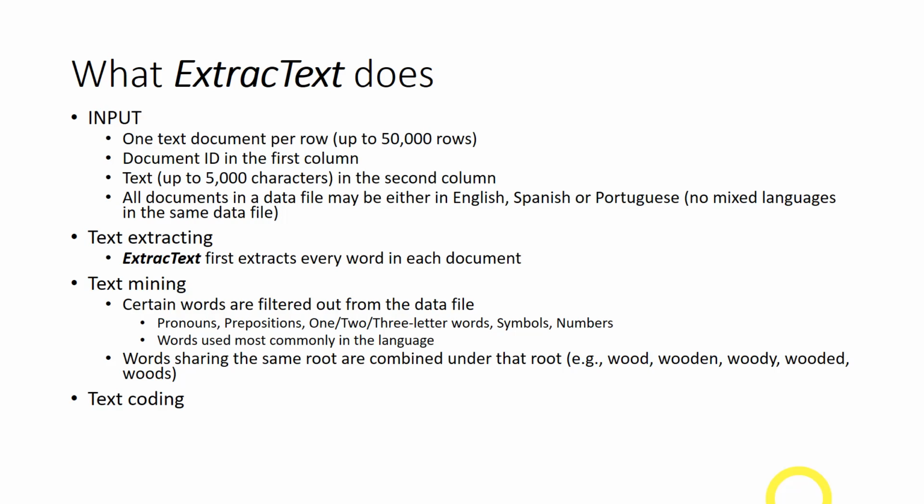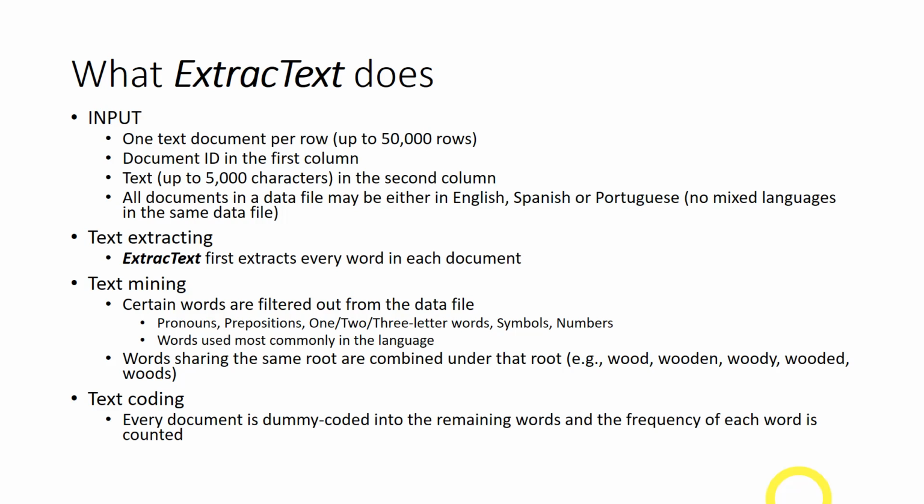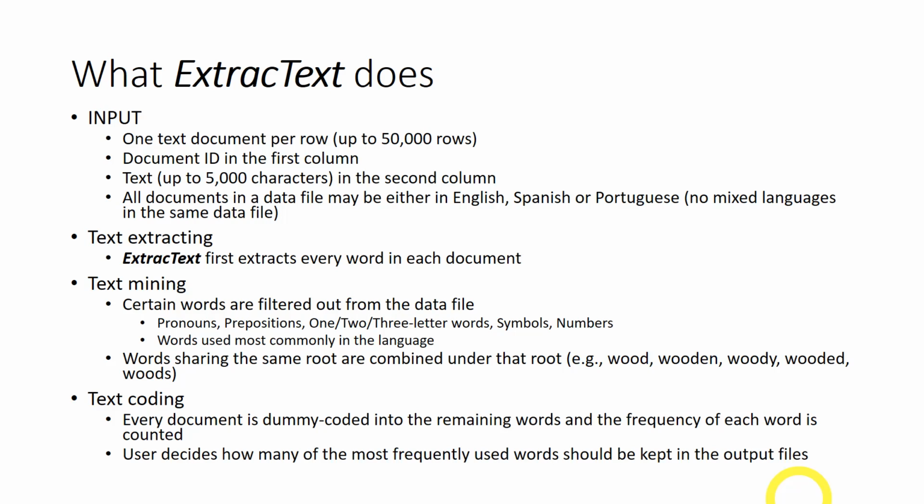The third function that ExtractText does is coding. It dummy codes every document into the words that remained after all the filtering and calculates the frequency of each word across all documents. Then it allows the user to decide how many of those most frequently used words will be kept encoded.